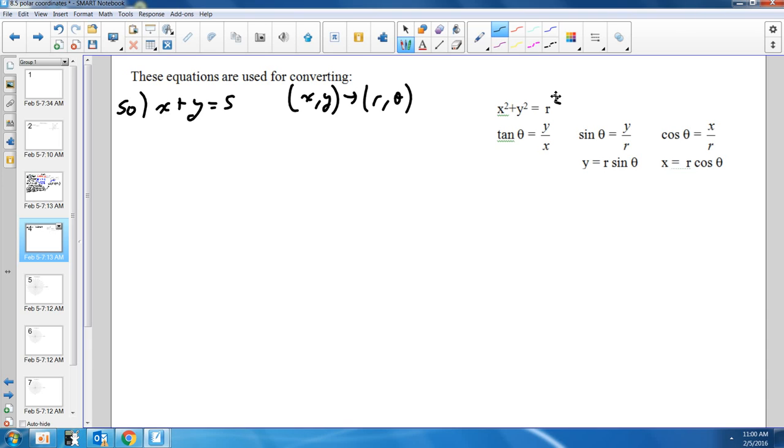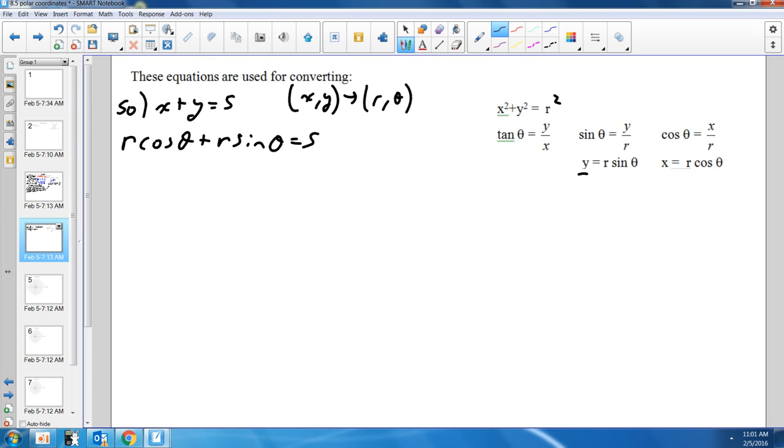Now, this is easy because it says y is equal to something and x is equal to something. You don't have to work with a more complicated variable. If I know x is equal to something, I can just substitute that in now. r cosine theta for x, r sine theta for y, and that's equal to 5, and you're done.